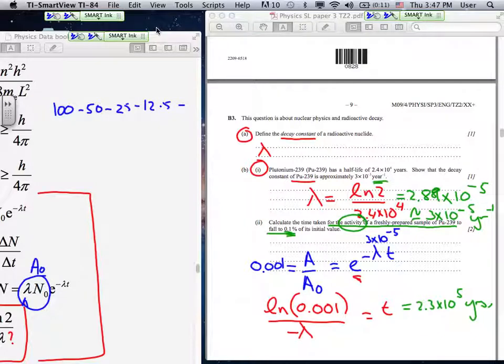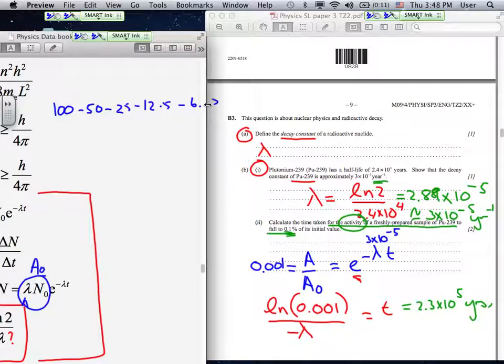Keep on going here, 6.25. Then we can go another one here, about 3, 1.5. I've done a little bit of an approximation there, and you can just keep on going here to that will be 0.75, another one 0.375, another one 0.118.